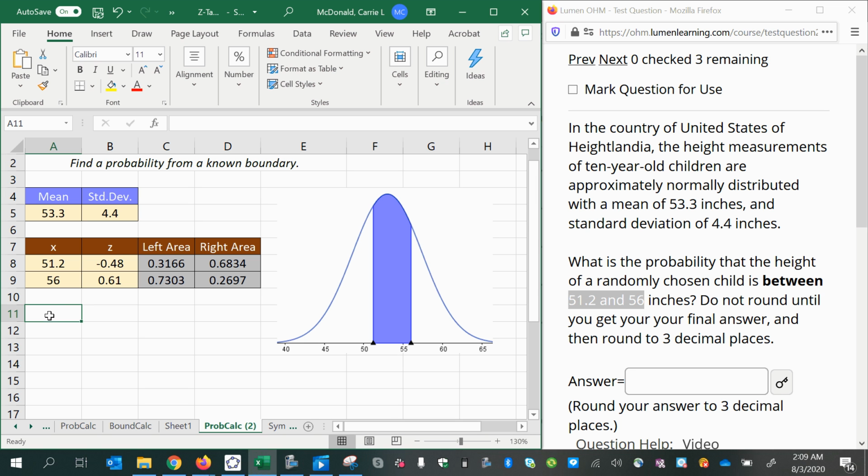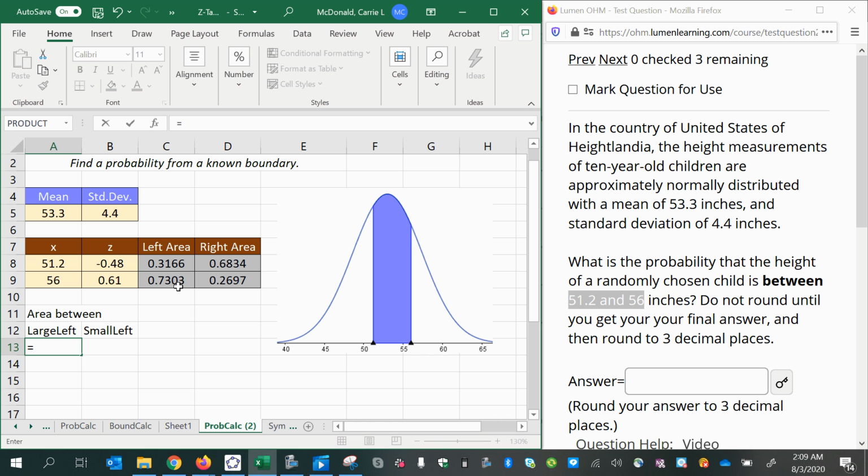Now that I have my areas, the left areas here, I can find the area between by taking the larger left area minus the smaller left area. So the larger left area would be the one to the left of 56 here, all the way back.